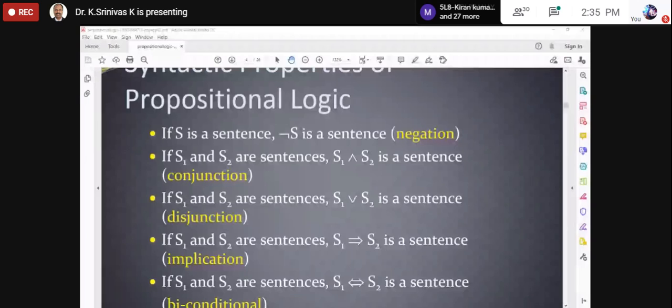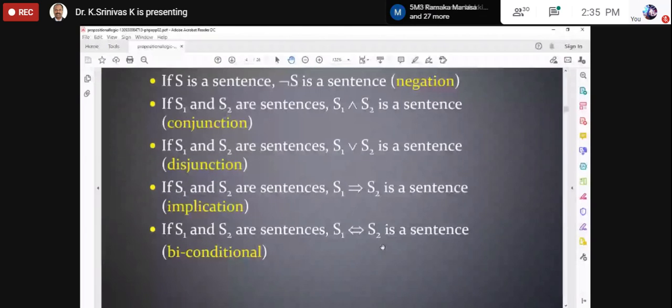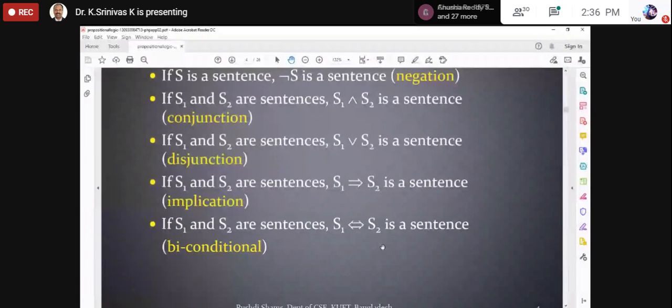Next implication. The S1 and S2 are the two sentences. S1 implies S2. Whatever is S1, that will imply on S2. As an example, if you are not coming regularly, that will imply on your punishment. Coming late implies your punishment.